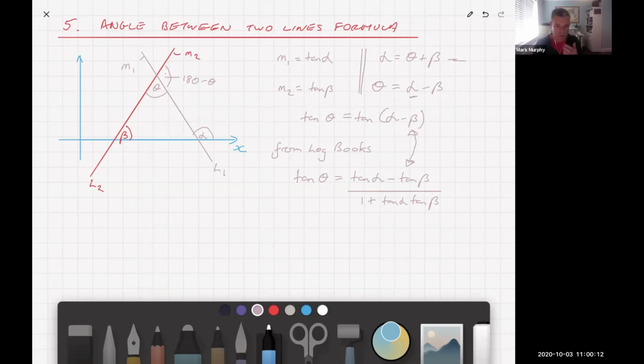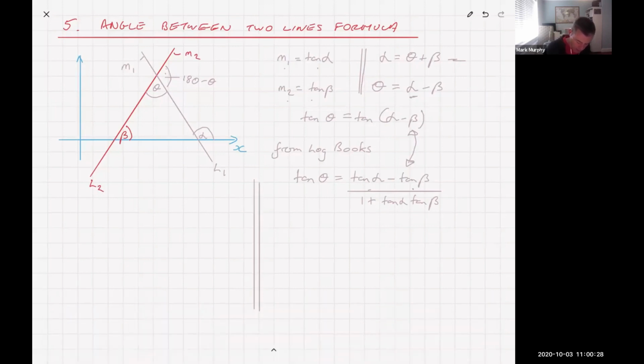It's just a definition. And at the start, all I was doing was manipulating the information that we had. So now, look, we have tan alpha, tan beta, and up here we defined tan alpha as M1 and tan beta as M2. So let's fill them in. That becomes tan of theta is equal to M1 minus M2 all over 1 plus M1 M2.